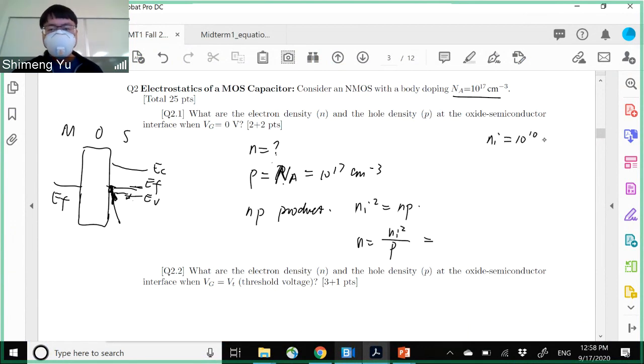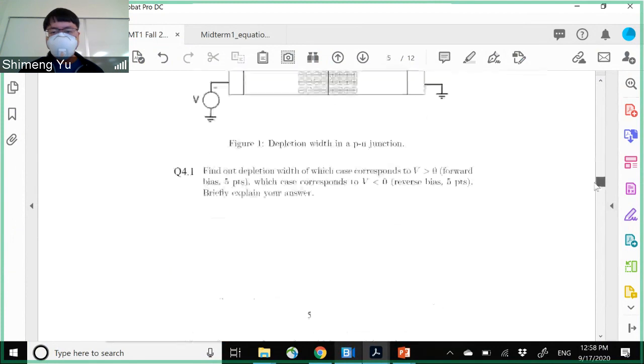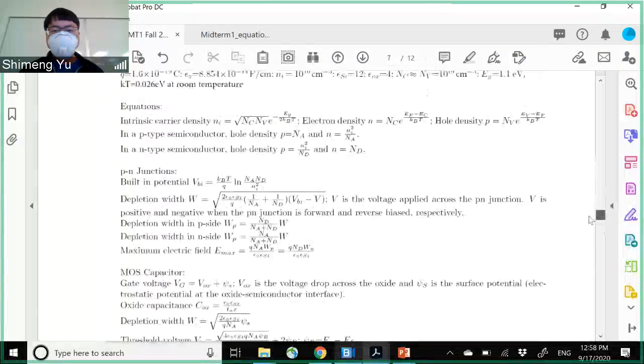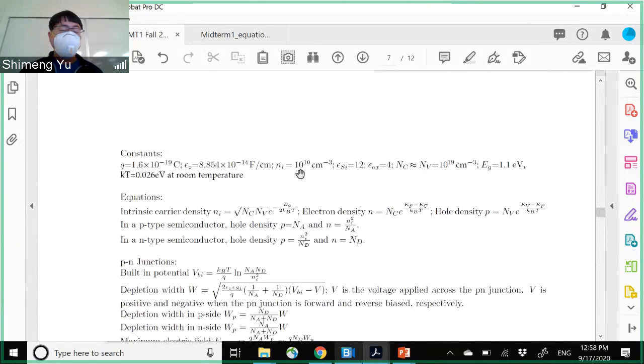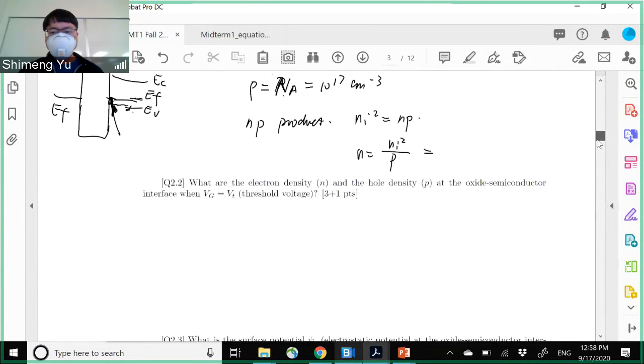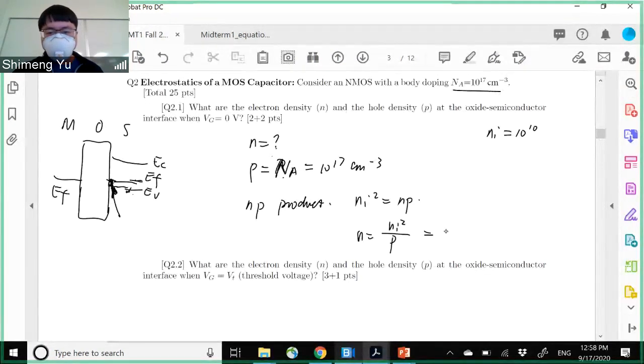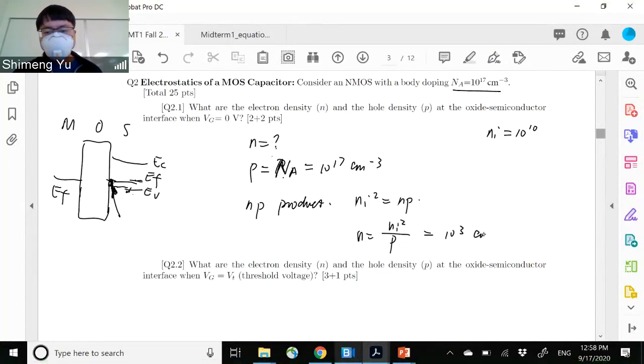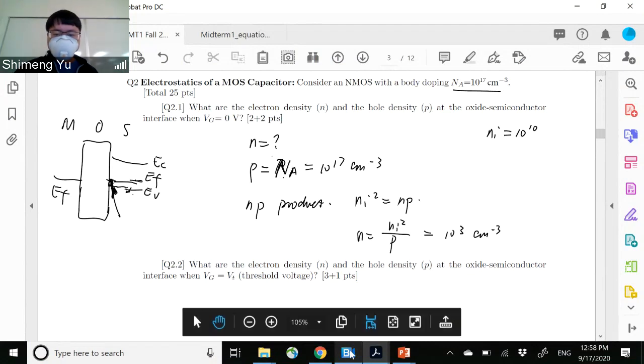So this will be given in the exam, probably in the appendix at the end of the question. So you will find those parameters there, and you need to refer to that. Then this will be 10 to the power 20 divided by 10 to the power 17, so you get 10 to the power 3. Okay, any questions?